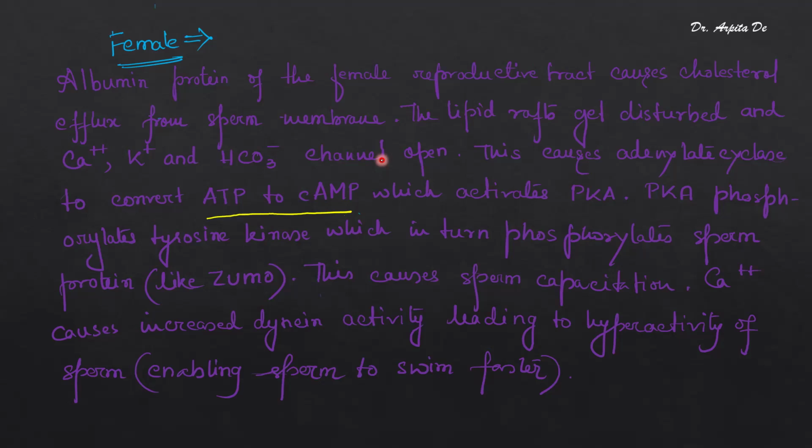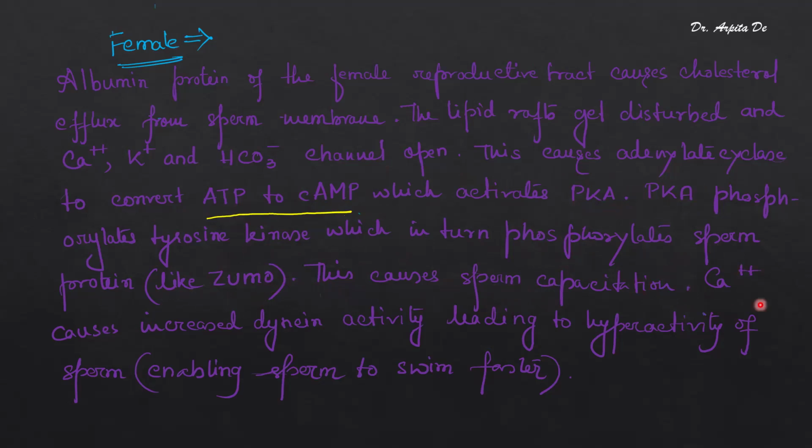Clear? Now this causes adenylate cyclase to convert ATP to cyclic AMP, which activates PKA. Then PKA phosphorylates tyrosine kinase, which in turn phosphorylates sperm proteins. This causes sperm capacitation.